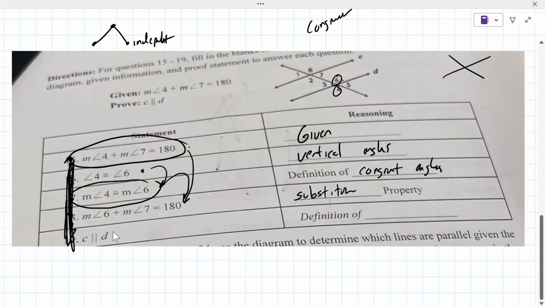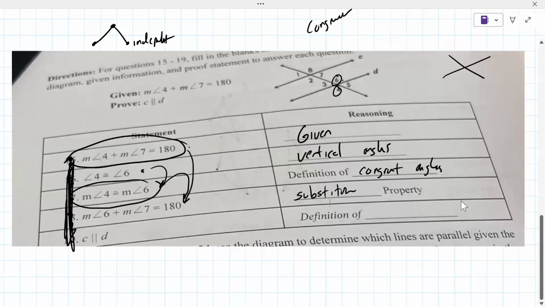Now I don't necessarily agree with this last one, but what 6 and 7 is that they're same side interior. Same side interior angles are congruent when they're parallel.